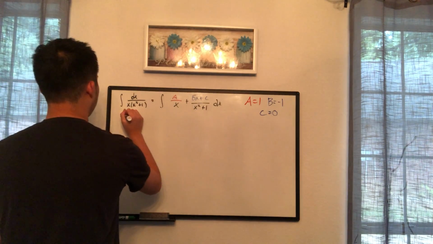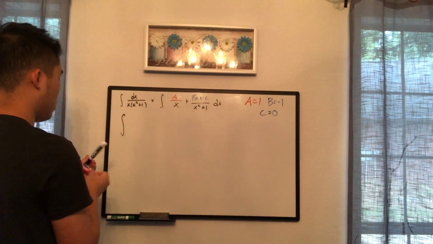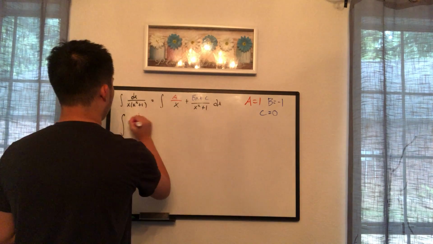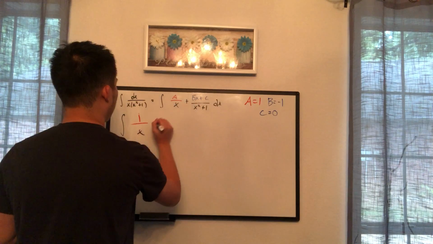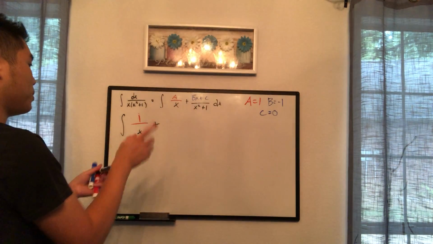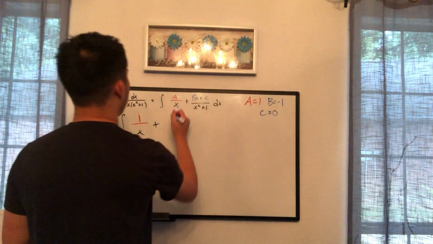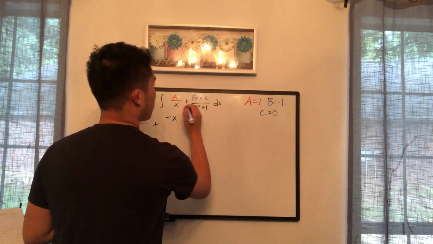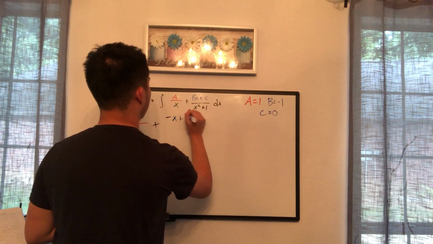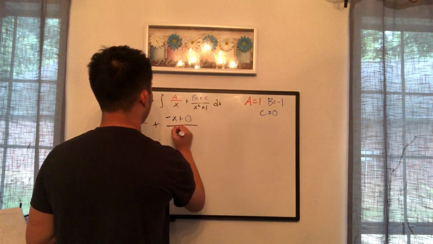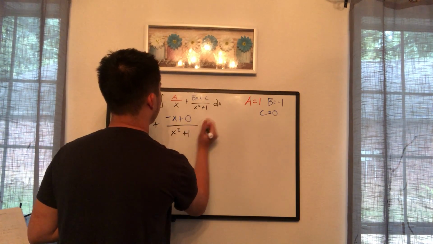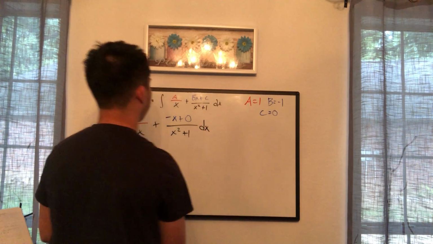All right, so the integral, A is 1 over x plus, and B is negative 1, so you have negative x plus C is 0 over x squared plus 1 dx.